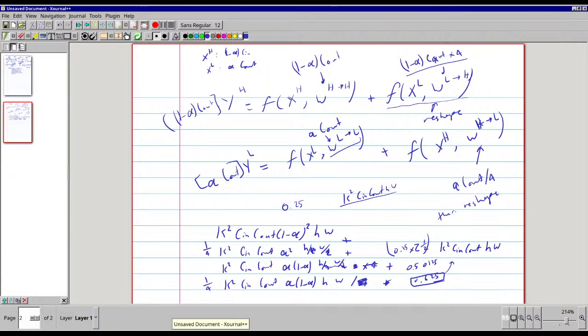So let's see. This is 1 minus alpha squared, right?